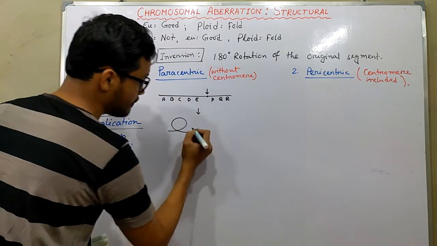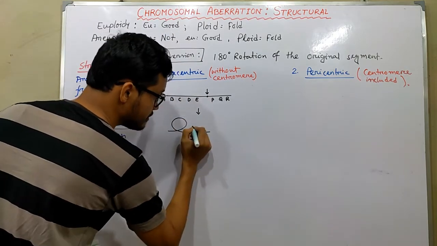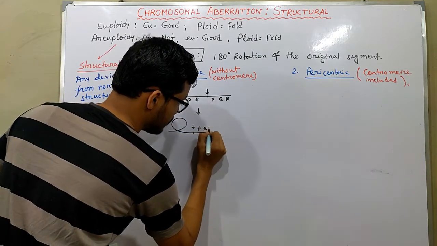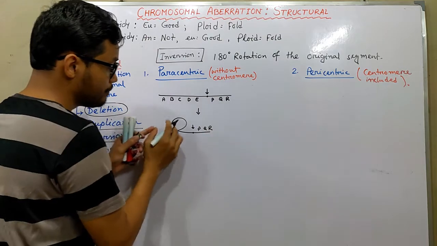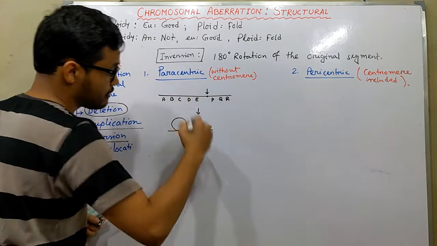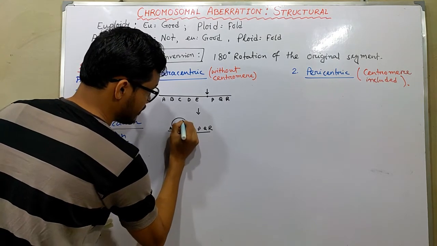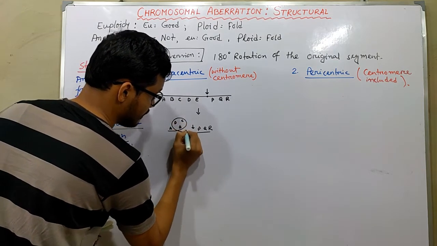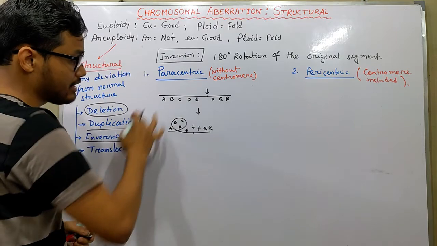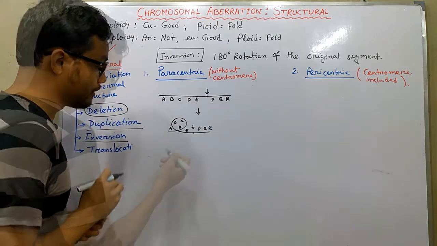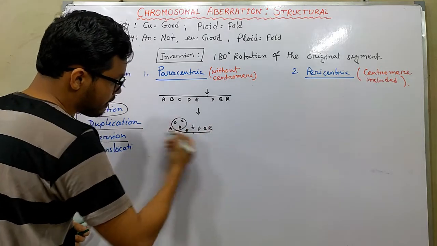The centromere is here as before, and the P, Q, R portion is there. A, B, C, D, E are all there, and now the critical point is where the arm is overlapped.